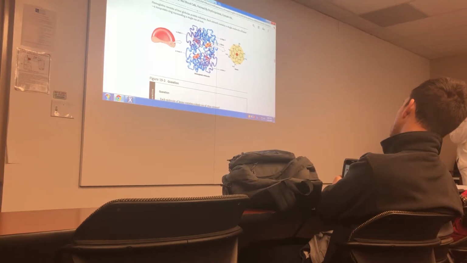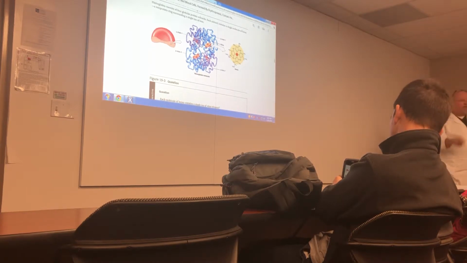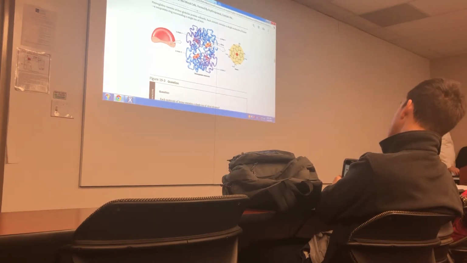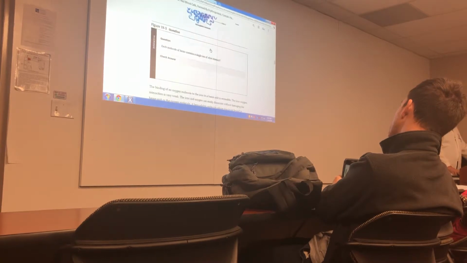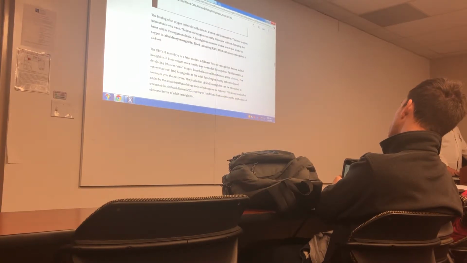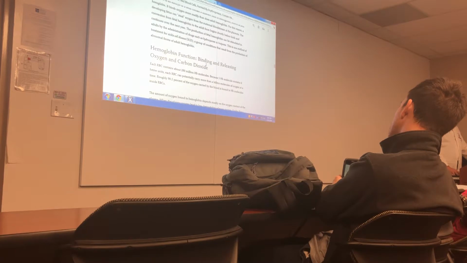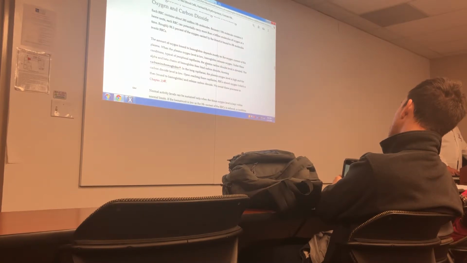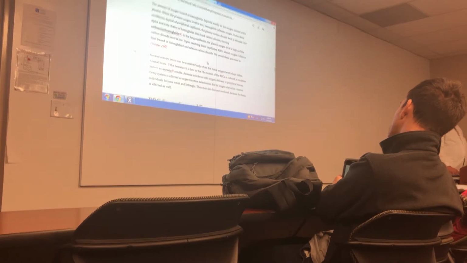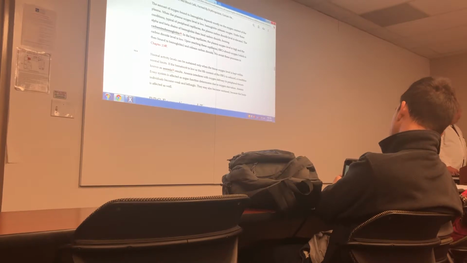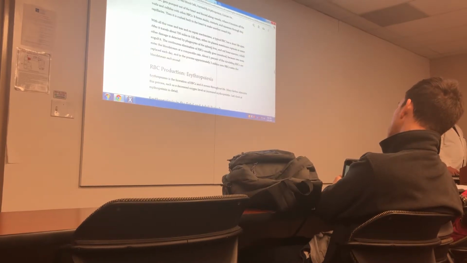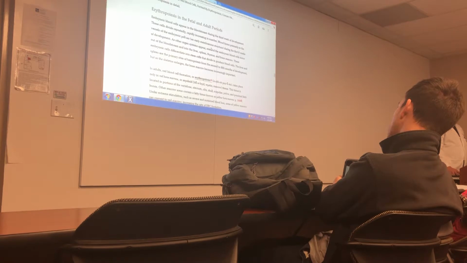Primary, secondary, tertiary, and then it folds in on itself, called quaternary. And that's what it's doing, folding in on itself. Okay, so deoxyhemoglobin and oxyhemoglobin: it either has oxygen or it doesn't. Carbaminohemoglobin, anemia, these are all kind of definition things right there.